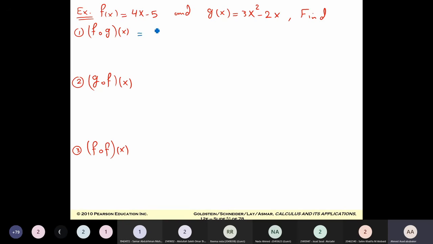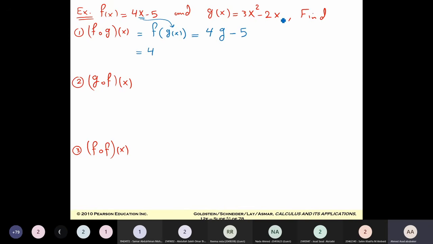This equals f, and we need to substitute g of x into the function f of x. Now we need to replace x with what? With g of x. After substituting g in the function f, we have 4 replace x with g, so we have 4g minus 5. Now, what's the value of g?